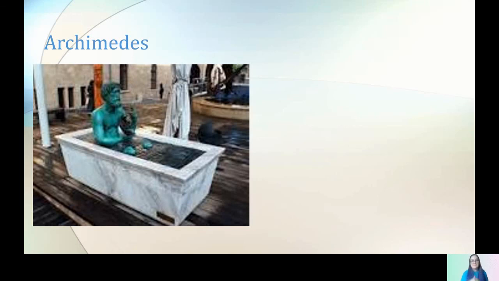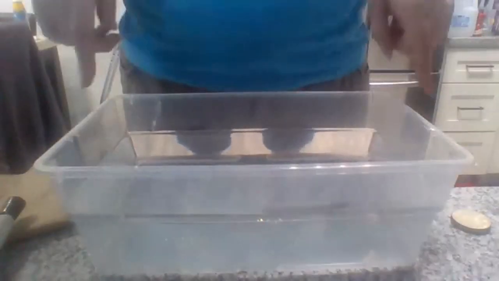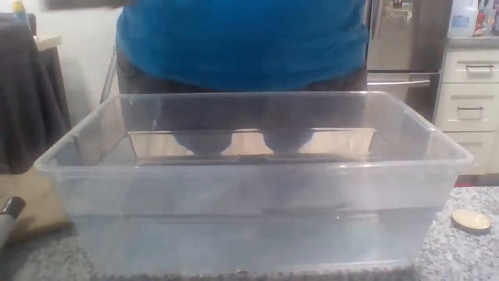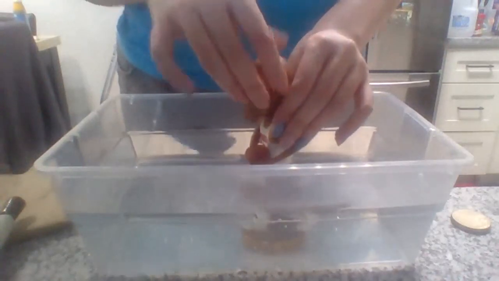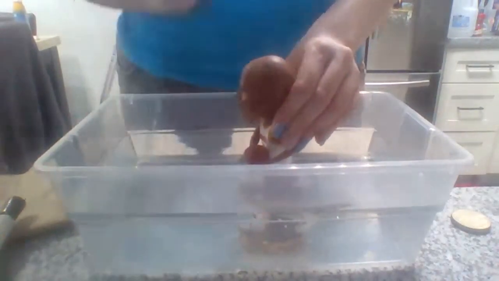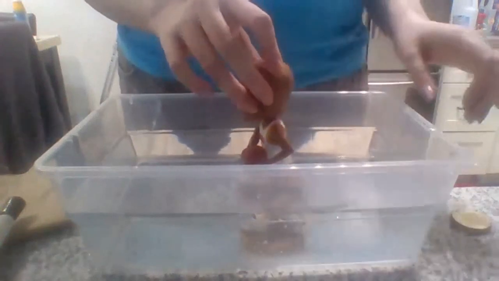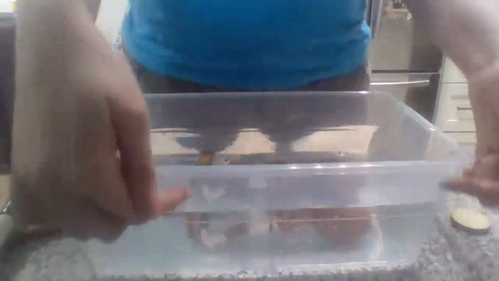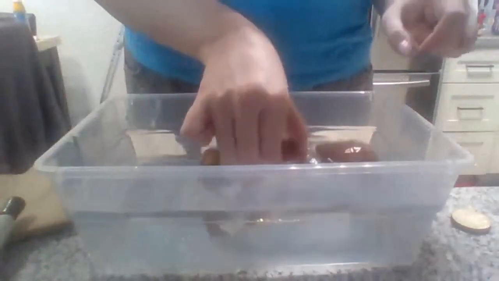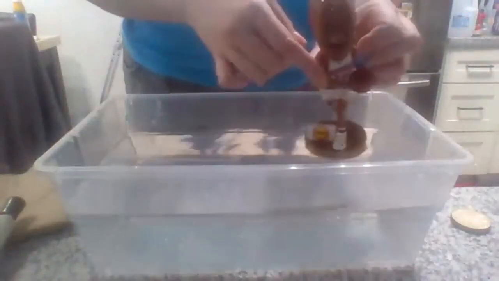So one day he was taking a bath, as in that picture, and he noticed that the amount of body that he submerged is how much water went up on the tub. So if he wasn't in the tub, the water was a certain level, and as he submerged into the tub, the water level rose.